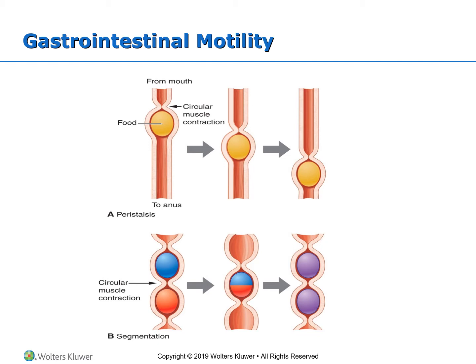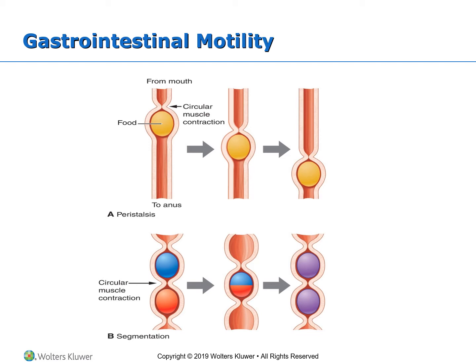Circular fibers will run around the lumen, while the longitudinal fibers are running along the length of the entire structure. Whenever a section of the circular muscle contracts, the lumen will narrow. And whenever the longitudinal muscle contracts, the organ will shorten.